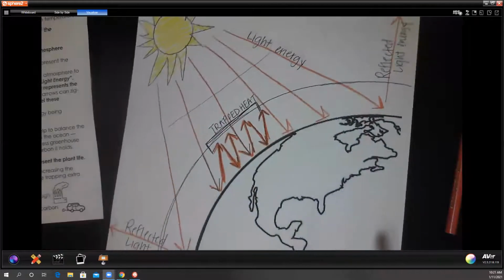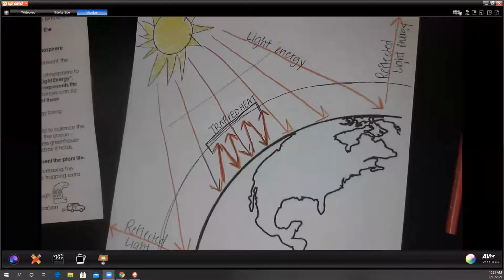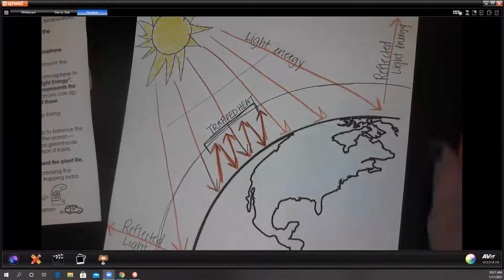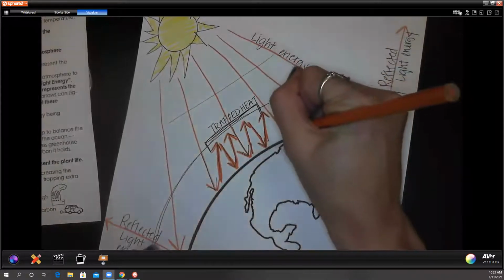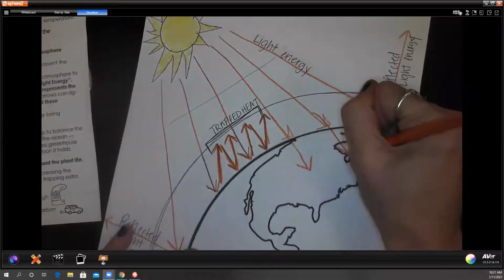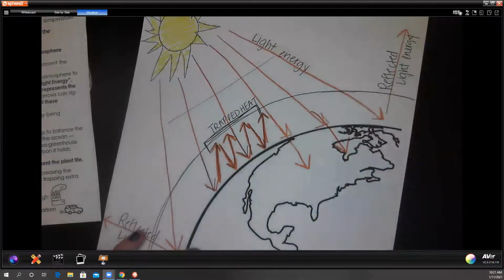So I've got 2 that are reflected back into space, 2 that are trapped in the atmosphere, and then it says draw 2 arrows traveling into the earth to represent the sun's energy being absorbed by the land and sea as heat. So we're going to take these 2. And these will be absorbed heat.